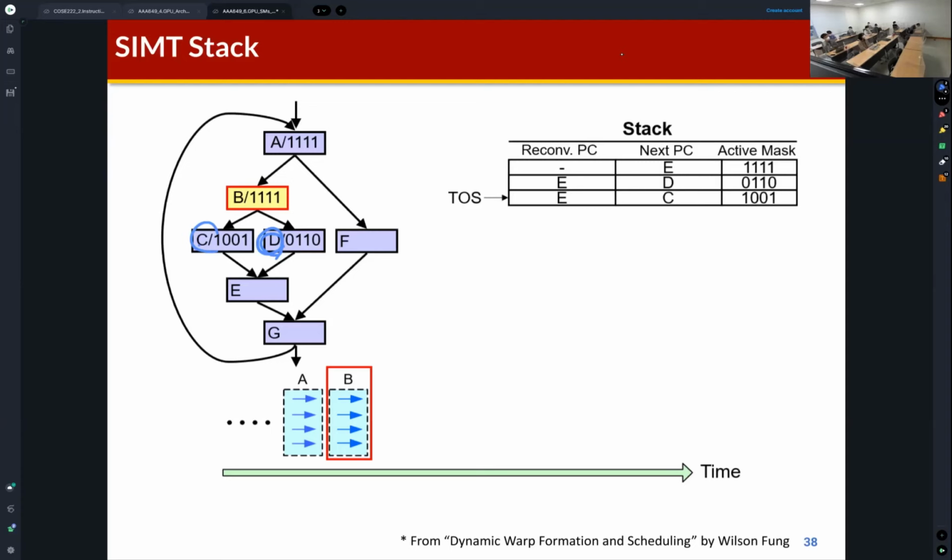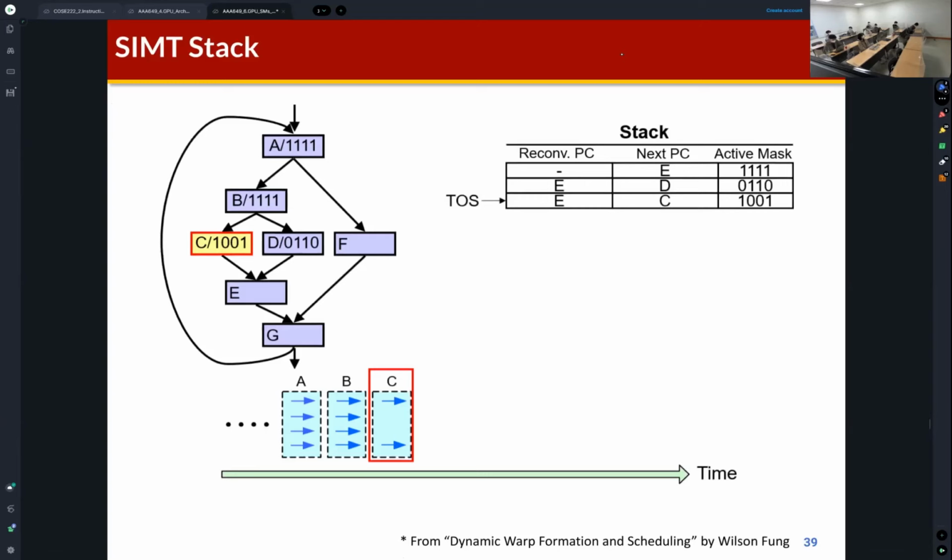We know that C and D converge at instruction E, so the reconvergence PC becomes E, and the active mask is determined. When the branch instruction is executed, the active masks are combined based on the condition of the branch, and the top of the stack points to this entry.